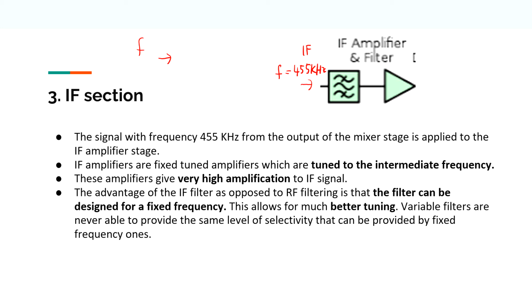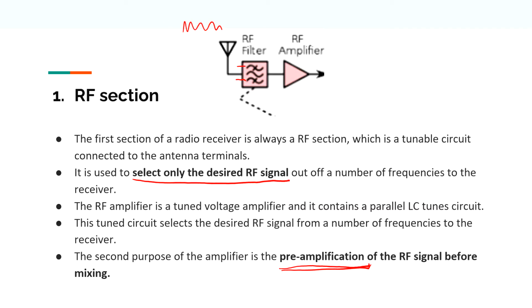The advantage of the IF filter as opposed to RF filtering is that the filter can be designed for a fixed frequency. For the RF filter, the filter depends on the input, on which range you want to select.